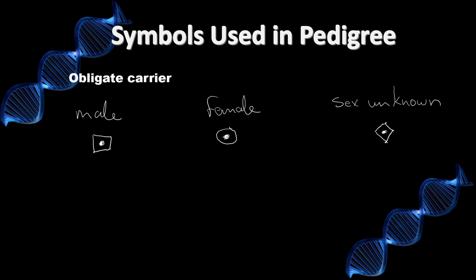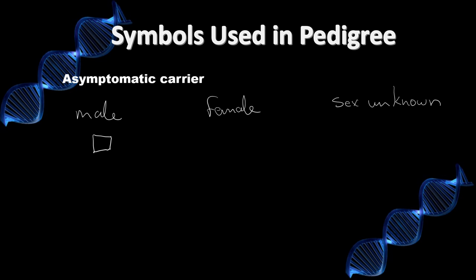Okay, now we can move to the next trait, that is asymptomatic carrier. In this case, the person is unaffected at this time but will be affected later, meaning this trait will be expressed when the person or the proband gets old. So in this case, we can check how the symbols look.